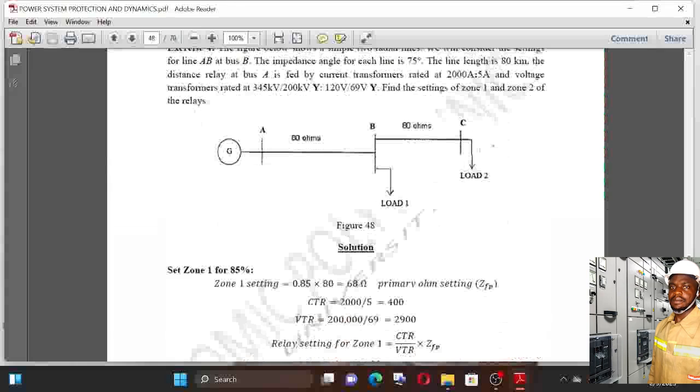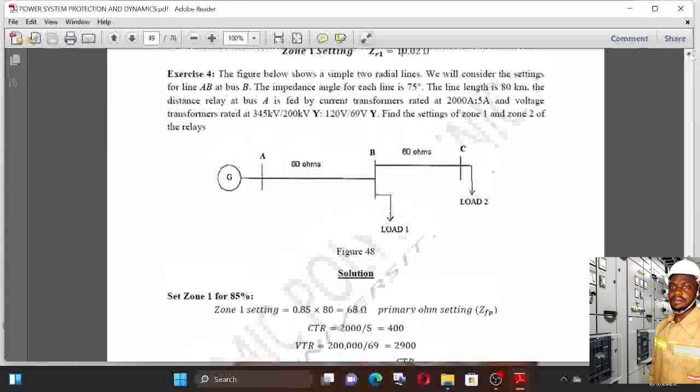Same thing here: we should establish the distance relay protection scheme. We should calculate the zone 1 and zone 2 settings of these relays. The impedance angle for each line is 75 degrees. The line length is 80 kilometers. The distance relay at bus A is fed by current transformers rated at 2000 to 5.